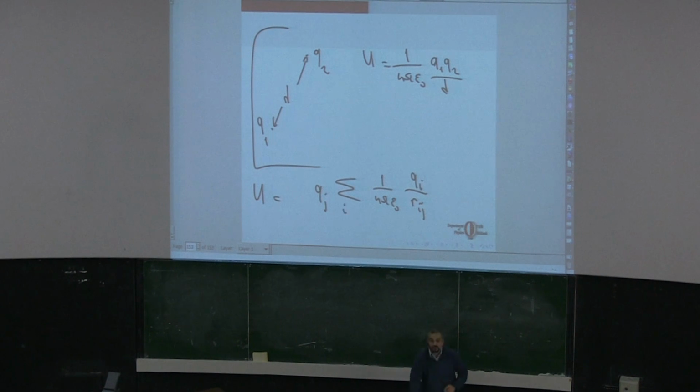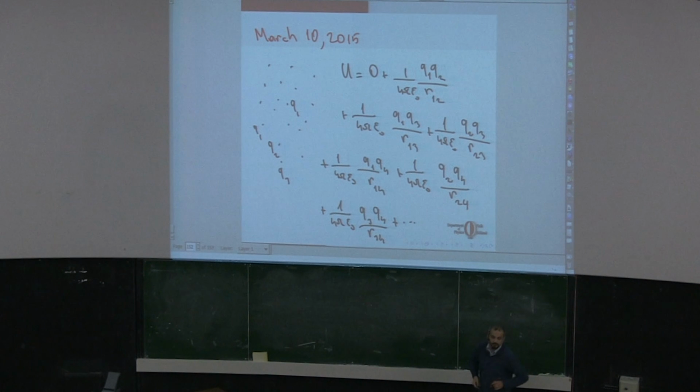But of course, I should sum over all the charges already existing in the system. So I should be less than j. Is this point clear? If you look at the explicit expression, when I'm bringing Q2, I only have Q1.